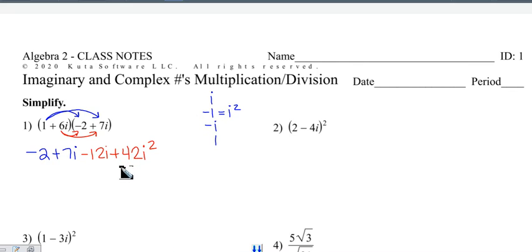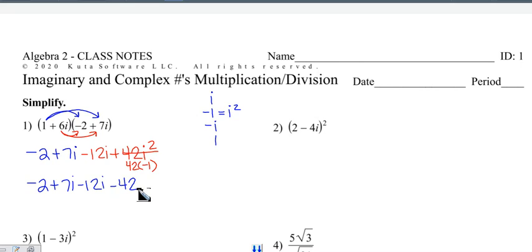So in this case, I'm going to take this positive 42 and I will multiply it times negative 1. Now, when I rewrite this so that I can see what can combine, I will rewrite it as a negative 42.